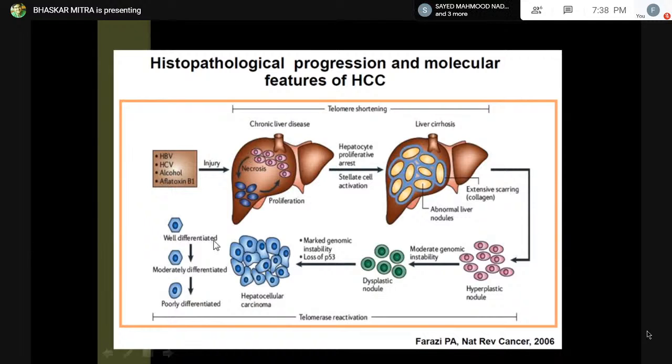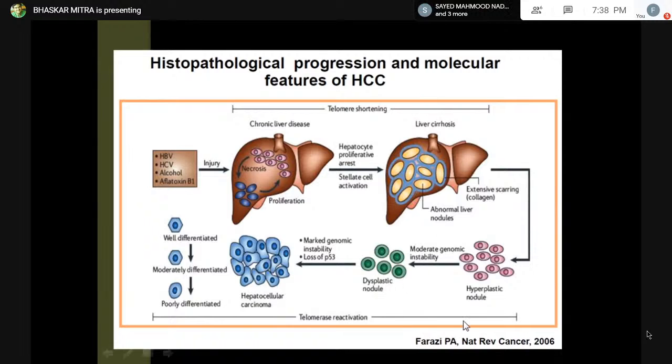On this, there is ongoing fibrosis caused by stellate cell activation. Ultimately, that leads to the formation of abnormal liver nodules, surrounded by extensive bands of fibrosis causing scarring. Up to this stage, we call these nodules hyperplastic nodules, because until this point there is no genetic abnormality or instability.